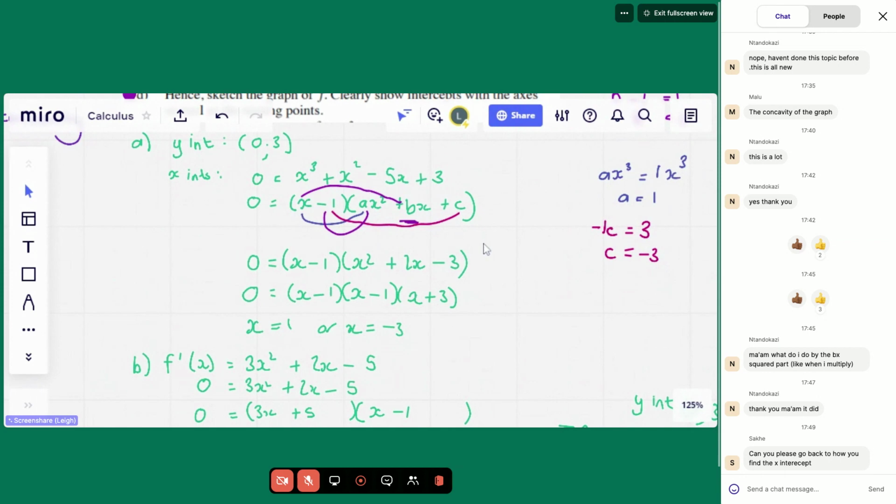So that's the part where you can do it by long division, you can do it by synthetic division, but I prefer this method. It works in all situations. So that's why I'm doing this with you. Is there anything specific that you didn't understand, Sake? Is there anything I can go through or explain to you?